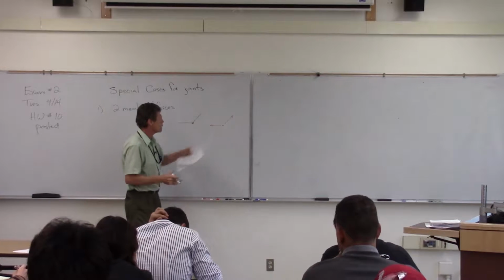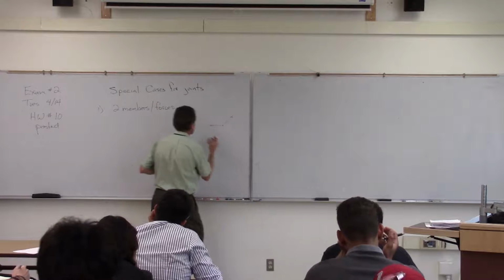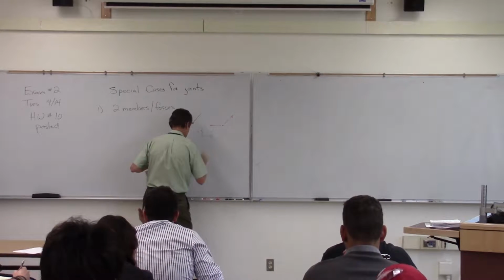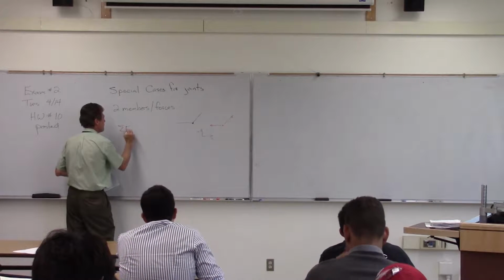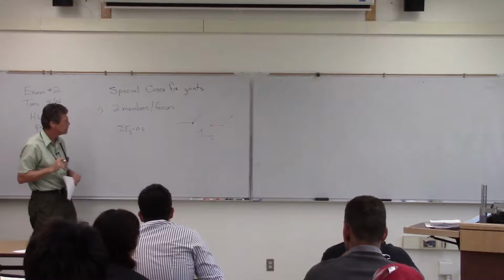If we've got one going that direction there, again, think if we set up a coordinate system, and of course, the sum of forces in y has to be equal to 0.